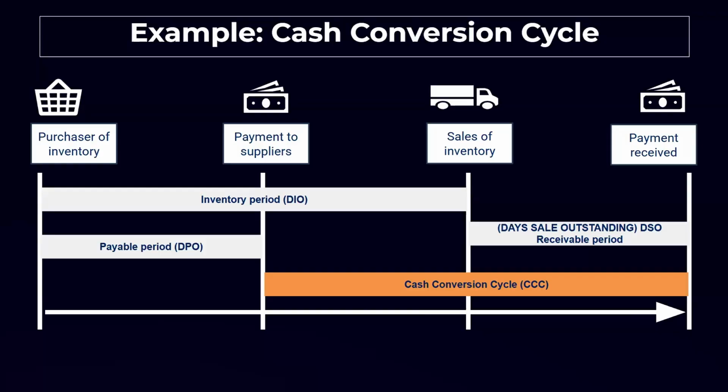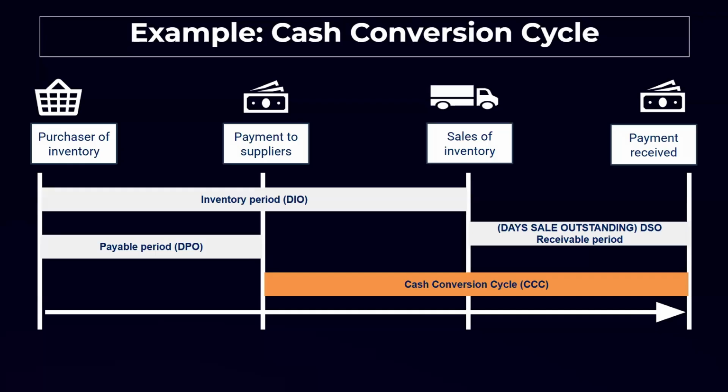Thank you, Patrick. In this slide, we have an illustration. For example, let's say this is a newly started company. In the beginning, they purchase inventory, and let us say they have a credit period of 20 days.